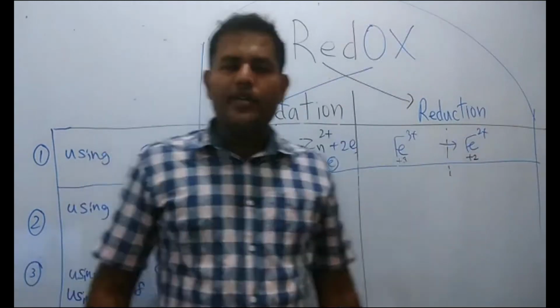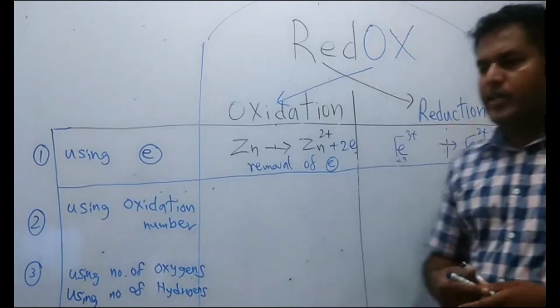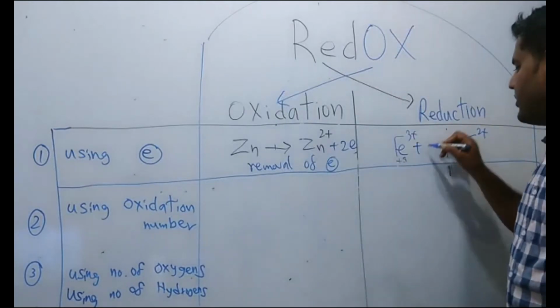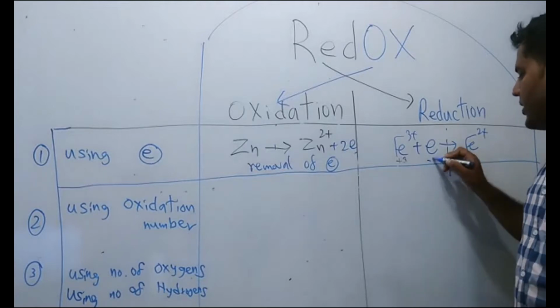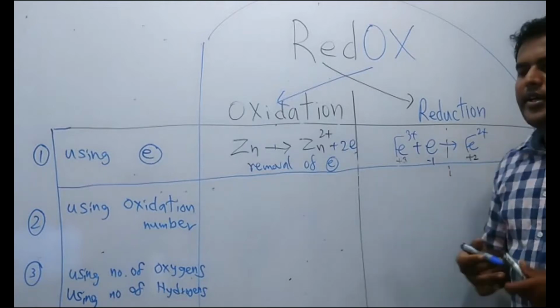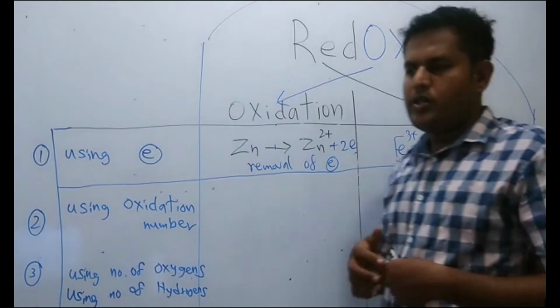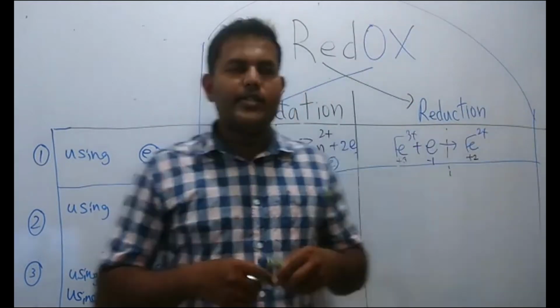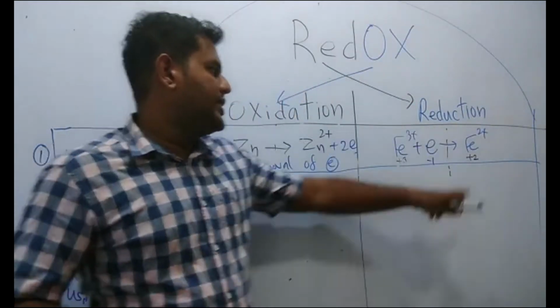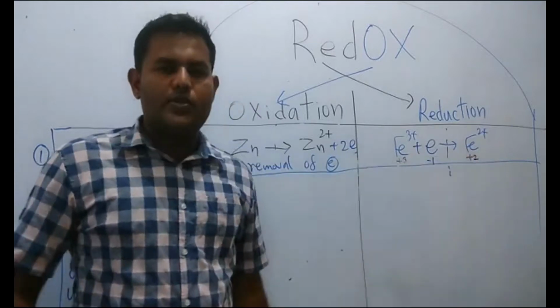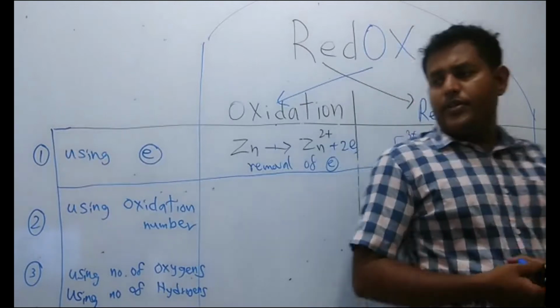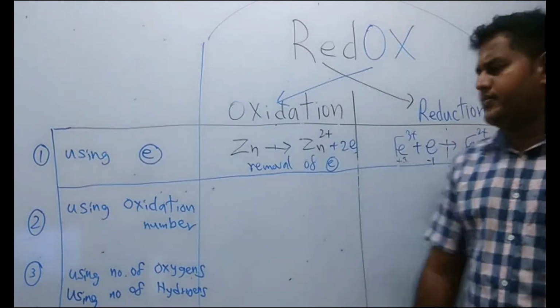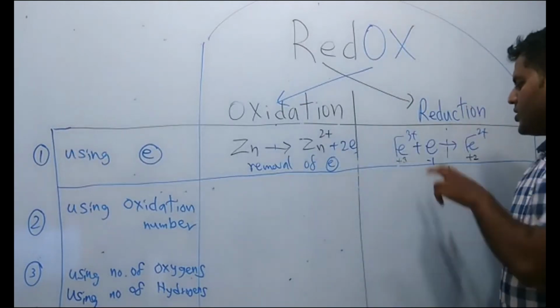Definitely to the left side you have to add electrons. So you add an electron here. That is minus 1. Plus 3 minus 1 is plus 2. So this is plus 2, and here also we have plus 2.